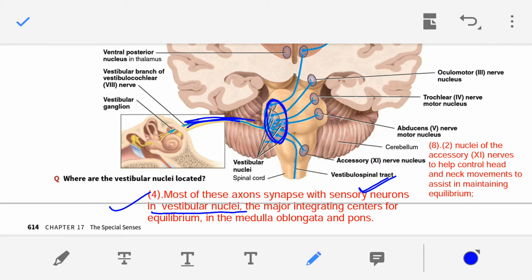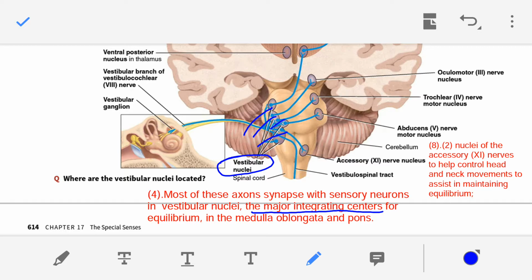So these fibers are synapsing with the sensory neurons present in the vestibular nuclei. See, the name is written, and all these are the vestibular nuclei. The vestibular nuclei are the major integrating centers for equilibrium, and these centers are present in the medulla oblongata and pons.